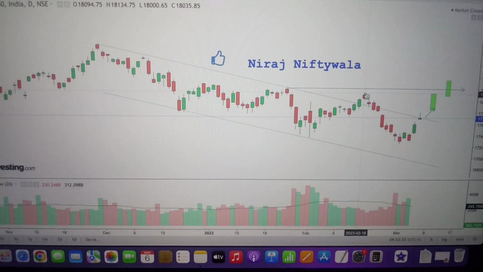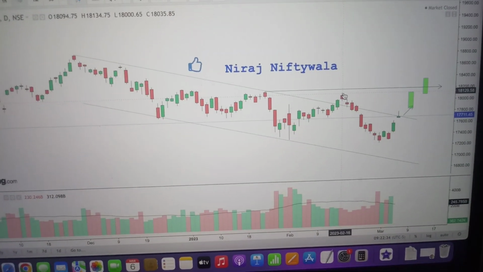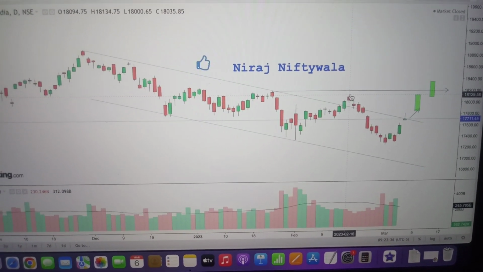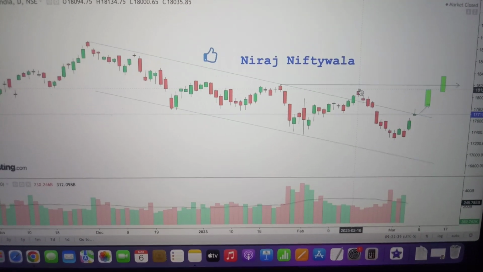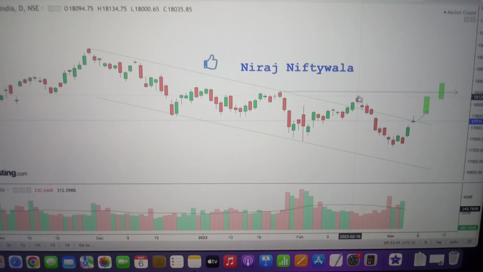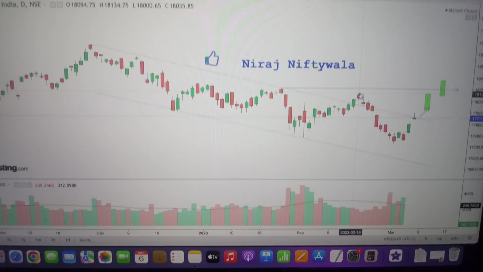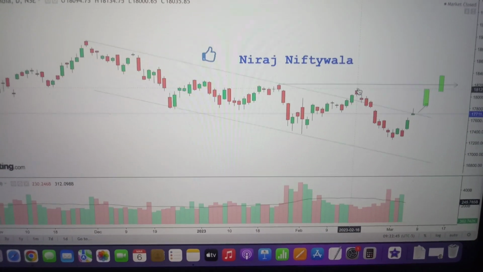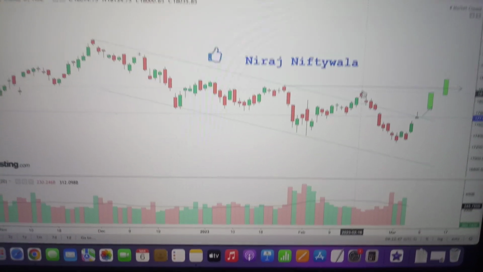So this is how you read the chart at a very basic level, and this is a very basic way in which you draw a trend line, read a chart, make a basic analysis of the future and predict what is possible.